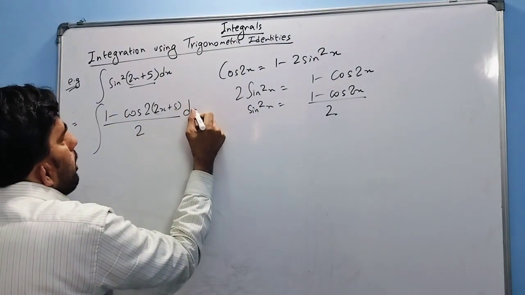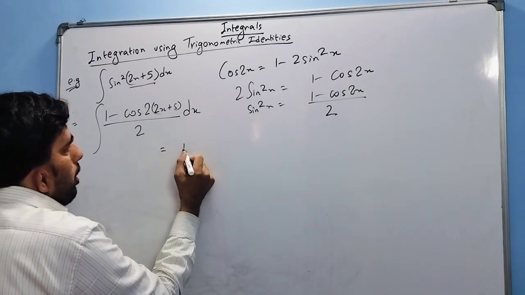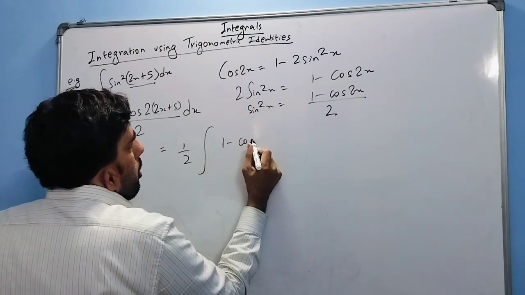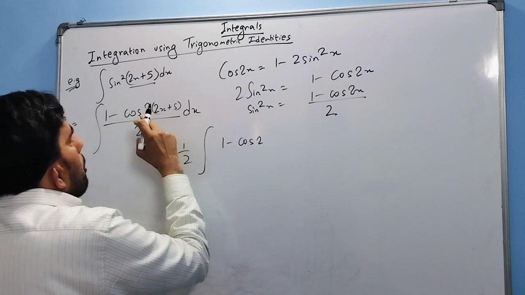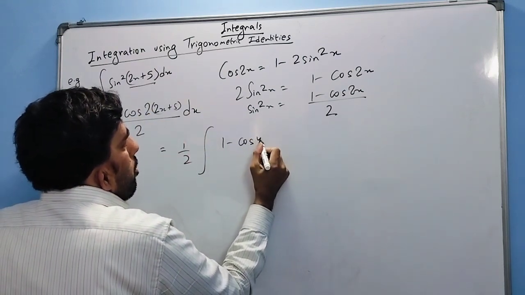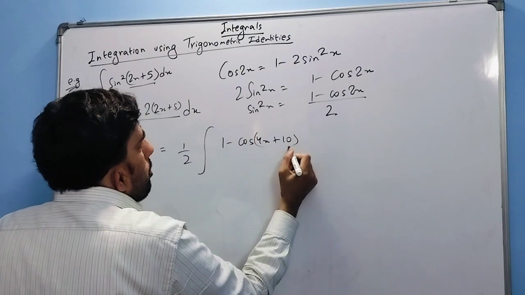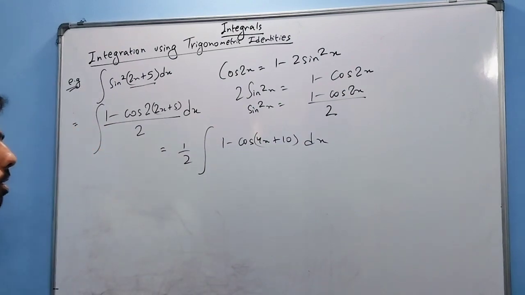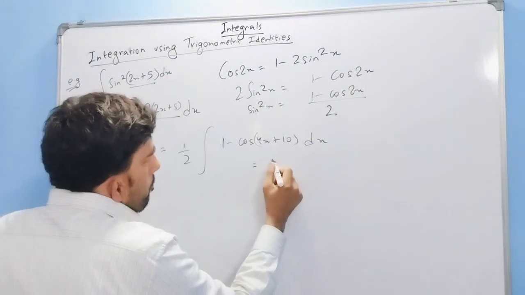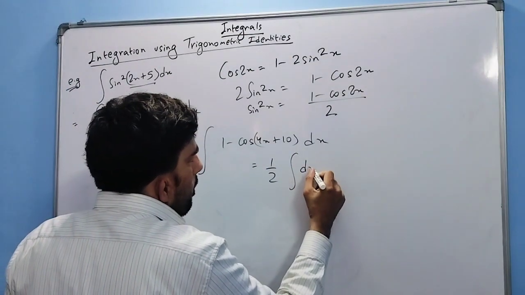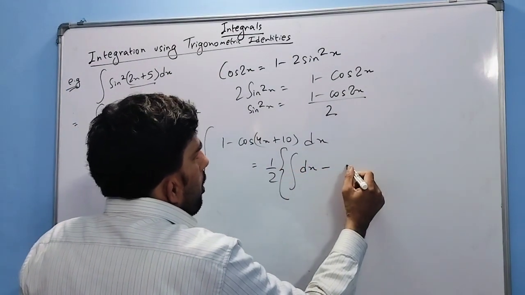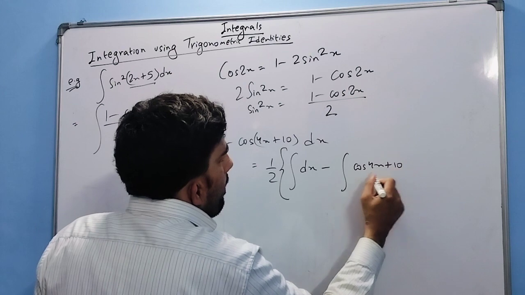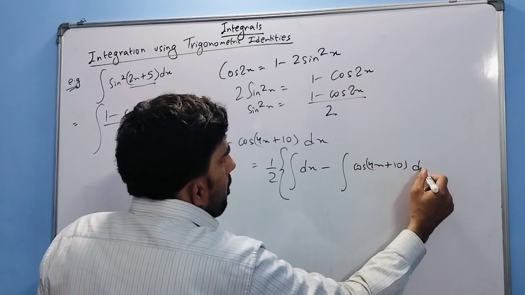Now we need to integrate this. Take half common outside. Now we have 1 minus cos of 2 times (2x plus 5); opening the bracket, 2 into 2 gives 4x plus 10. We need to integrate 1 minus cos(4x plus 10) dx.